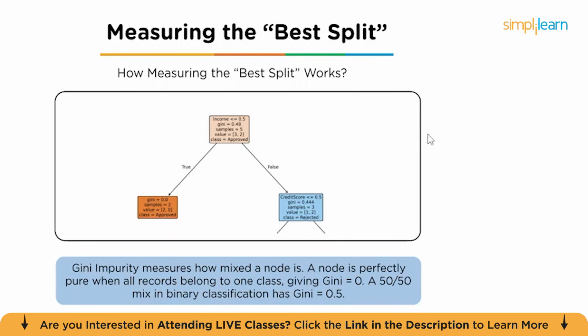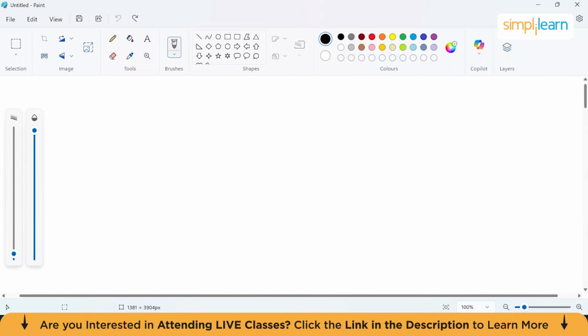So the amount of impurity can be given here as 1 minus, to be very precise, let me get hold of a pen. Okay, I've got hold of the paint window now, so I can write down a few things. Suppose in my example we had four cases, out of which three cases were getting approved and one case was rejected.